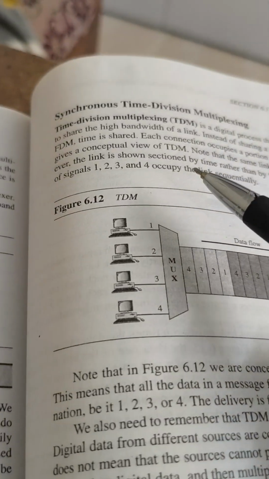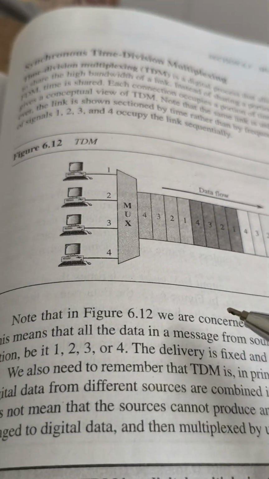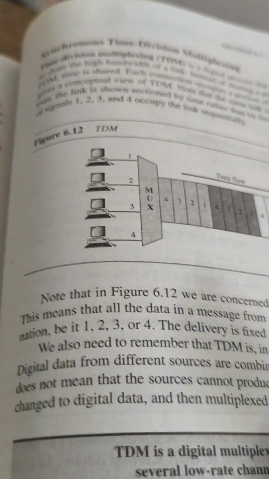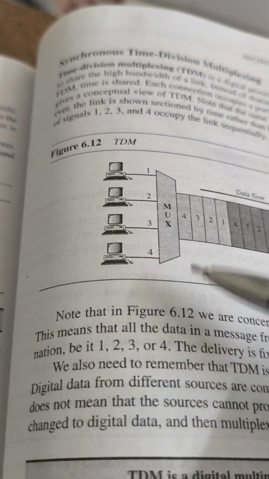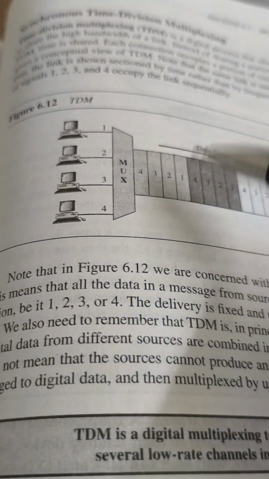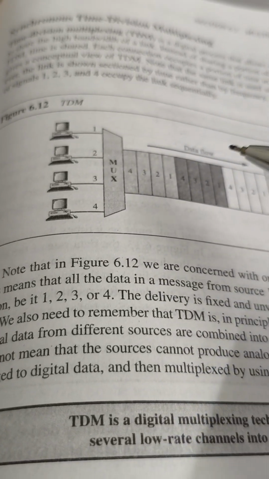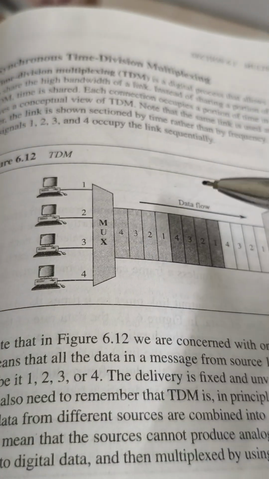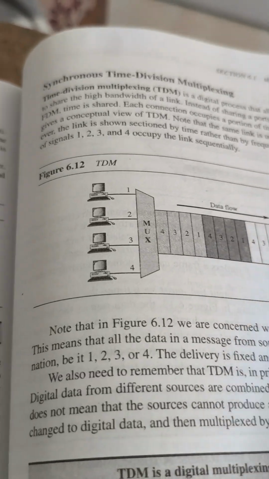This is called time division multiplexing. So many systems can use this channel, but in a given interval of time they have to use it. Therefore such a technique is called time division multiplexing.